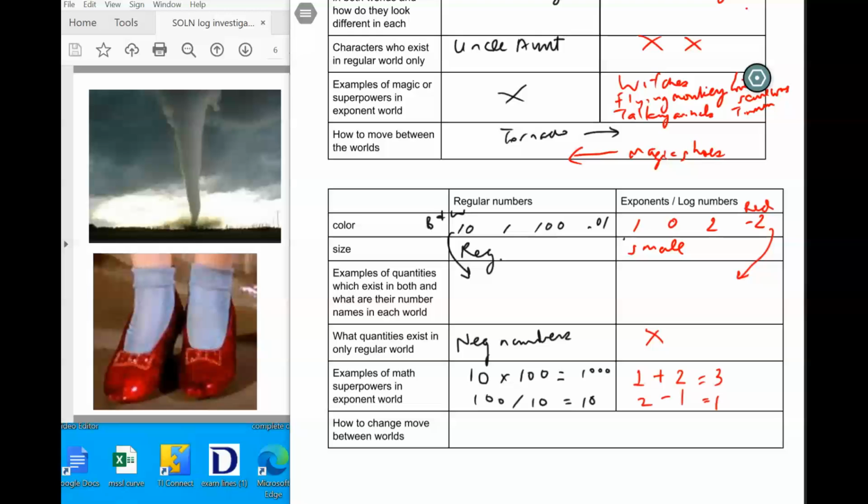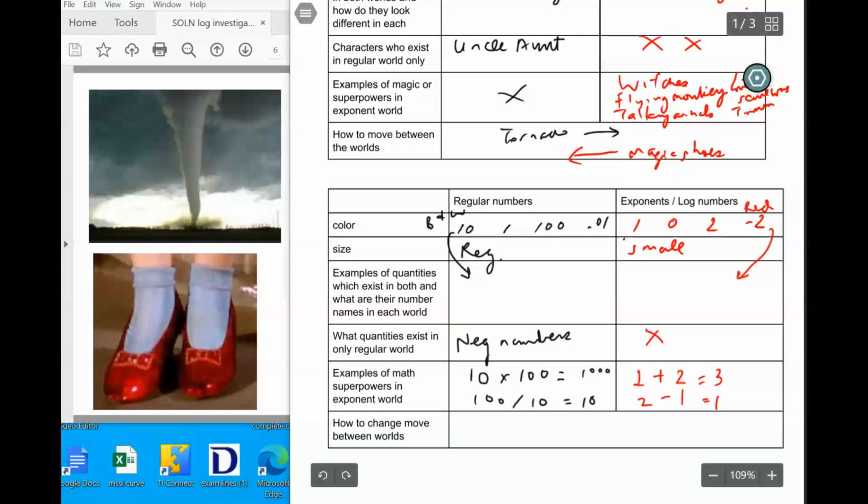Now, of course, when you're using these black numbers, if you're using multiples of 10, even the multiplication is not significantly hard. But remember, logs work for any numbers. So I could have some weird numbers here that are not 10 and 100, something like 58, and it would still work, okay? How do we change from the black and white number world to the red number world?